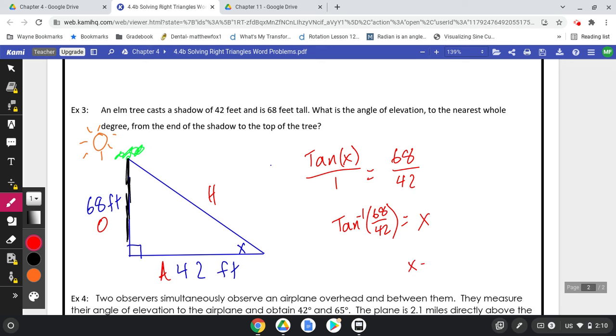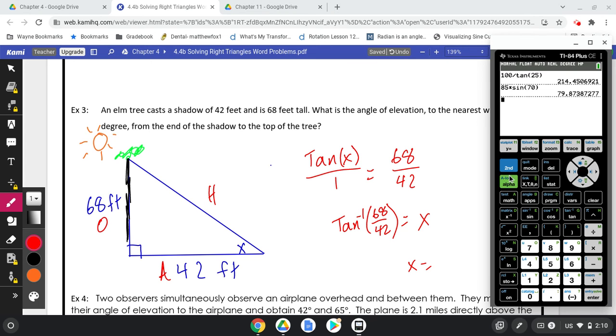So we hit second tangent, 68 divided by 42, close the parenthesis. Hit enter. And it says round to the nearest whole degree. So 58.2 will round down to 58 degrees.